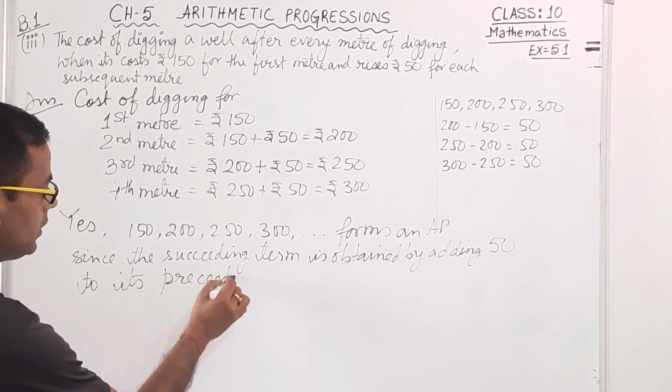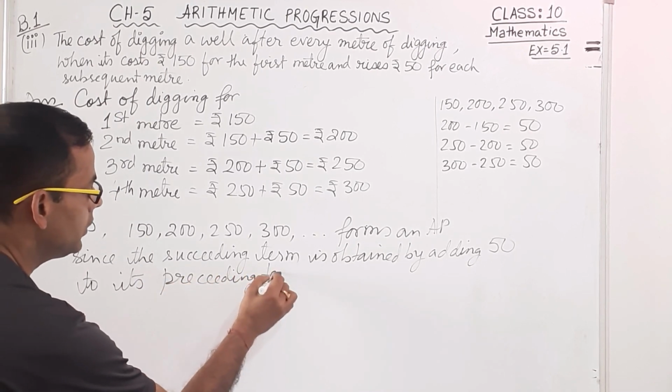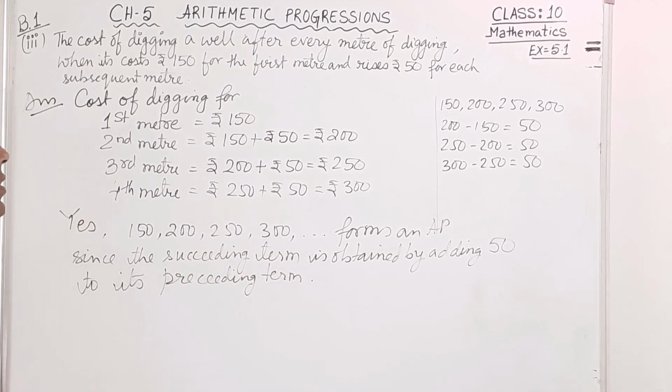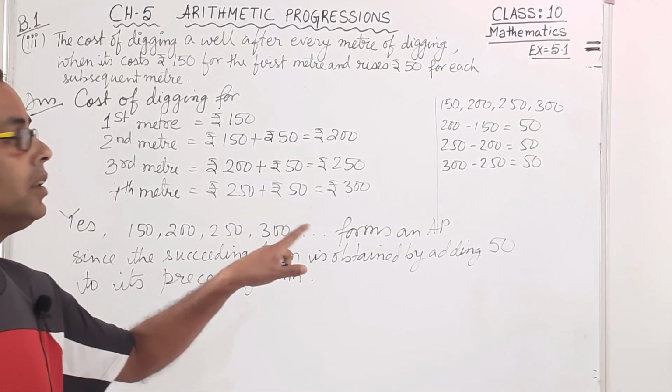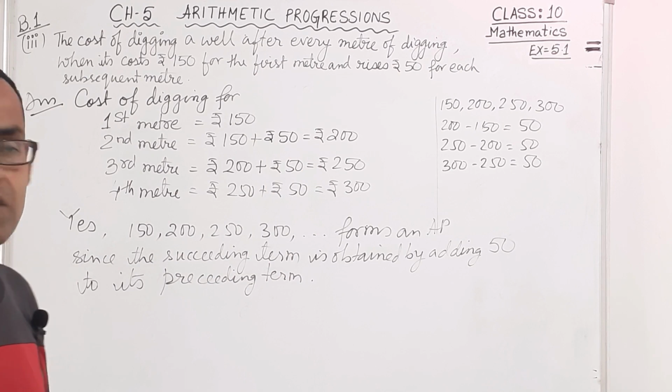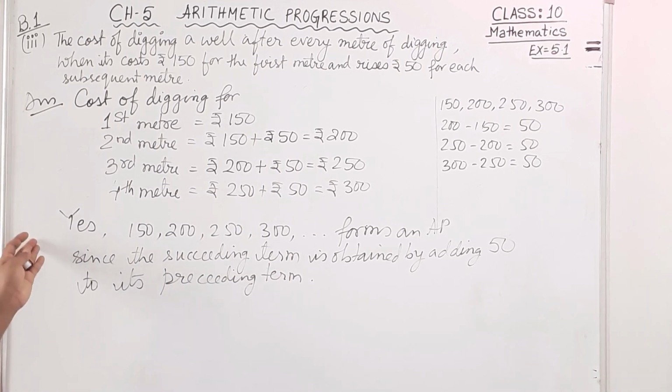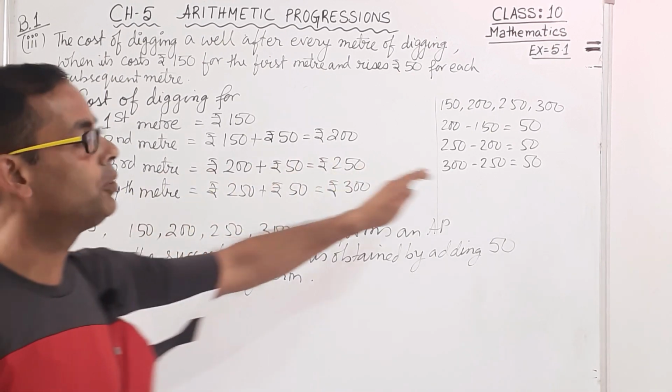Preceding term. Clear? That means you are getting the succeeding term by adding 50 to the preceding term. So that's why it is forming an AP. Clear? And why it is forming an AP, I have shown you.